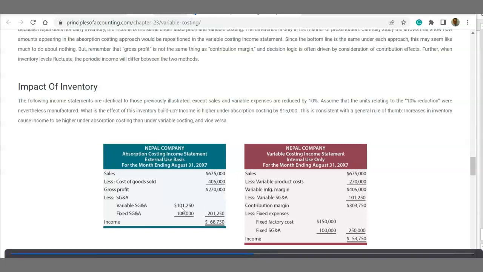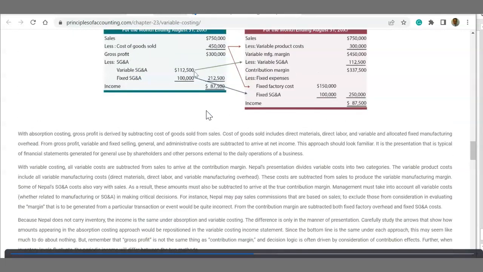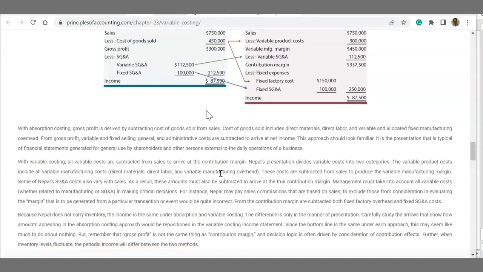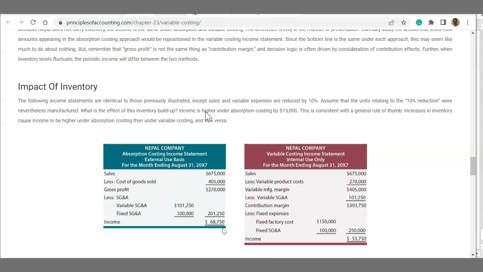And therefore, the variable selling and administrative is also less by 10%. As you see here, that's the variable selling and administrative, which is now less by 10%. And therefore, the income is $68,750.